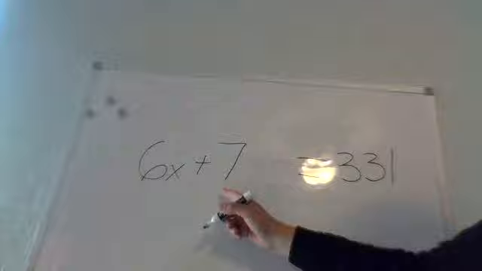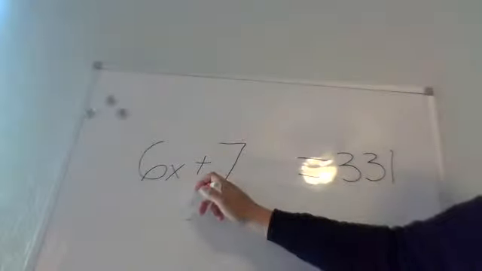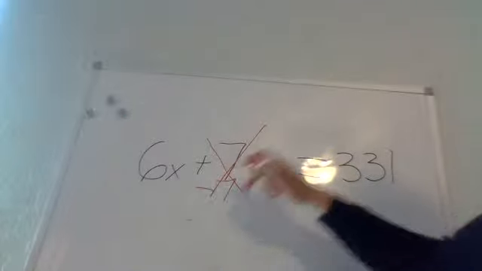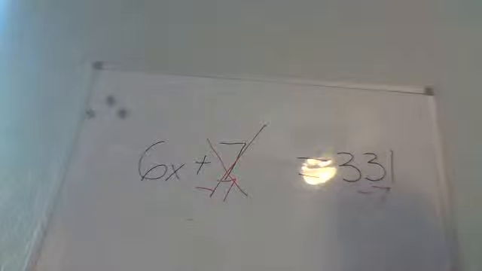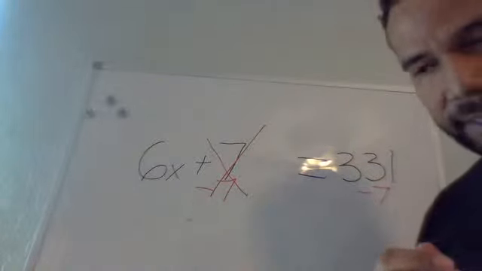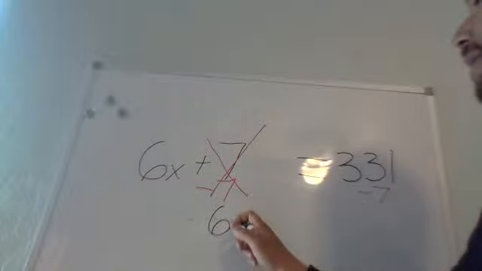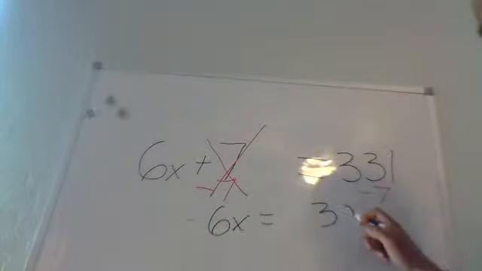So what is the opposite of adding 7? Subtracting 7. If I subtract 7 from this side, now I've got the 6x alone. I need to subtract 7 from the other side. That's going to leave me with 6x equals 324.